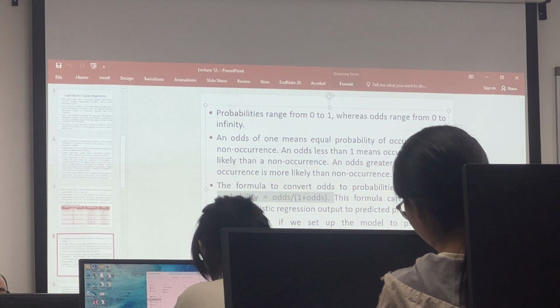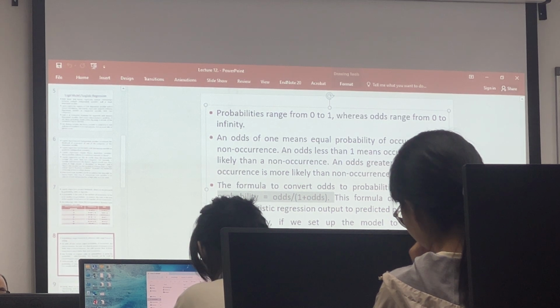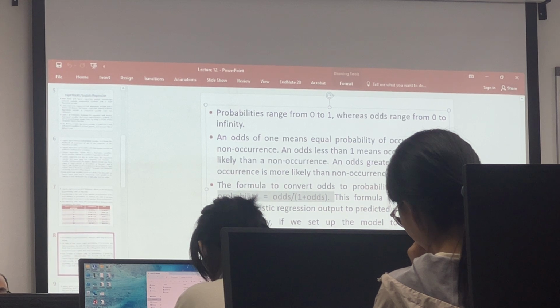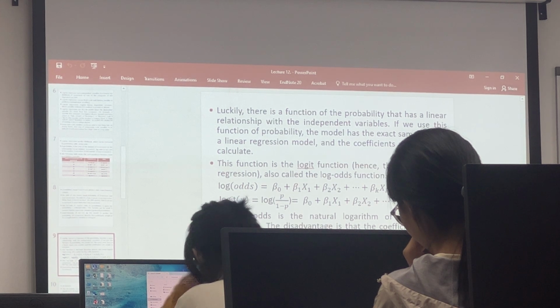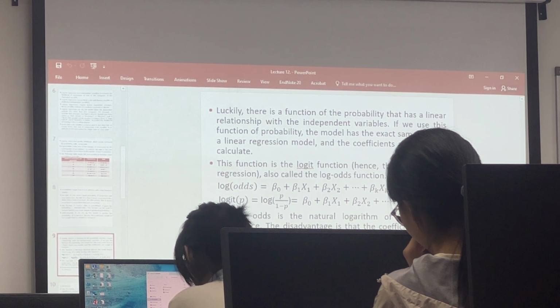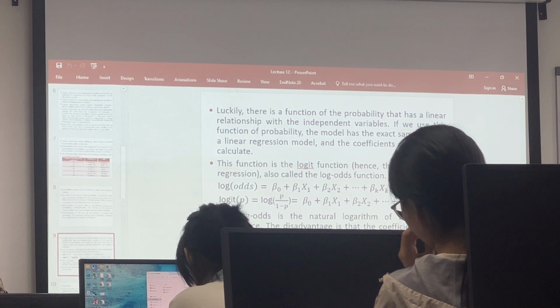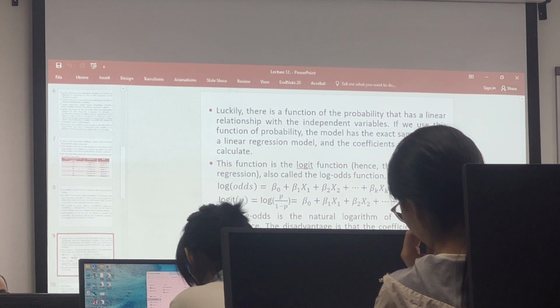Unfortunately, if we set up the model to predict the probability directly, the coefficients would be too complicated to calculate or interpret. Luckily, there is a function of the probability that has a linear relationship with the independent variables. If we use this function, the model has the exact same form as a linear regression model, and the coefficients are simple to calculate.